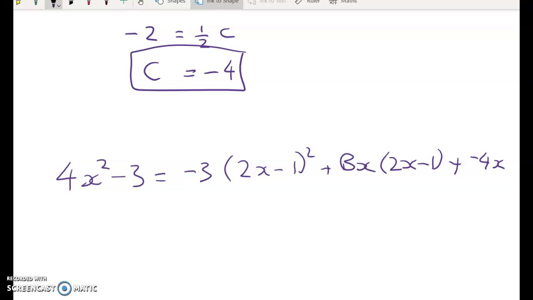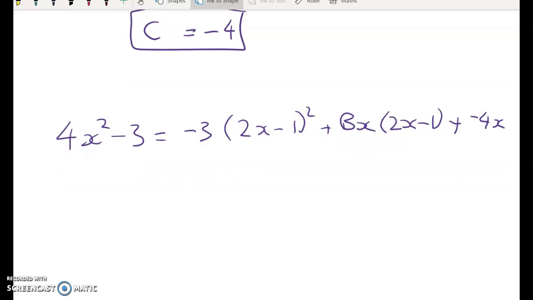There are a couple of ways I can go here. Because we're just starting out with partial fractions, I'm going to expand all of this out to see what we've got, and then I'm going to do some matching.